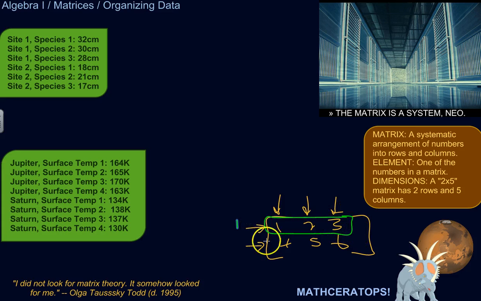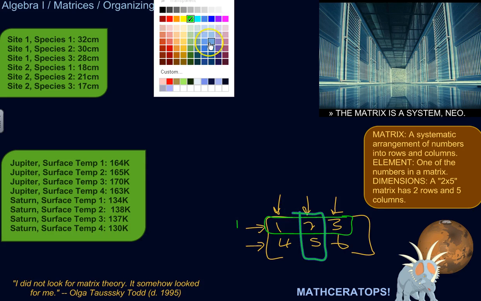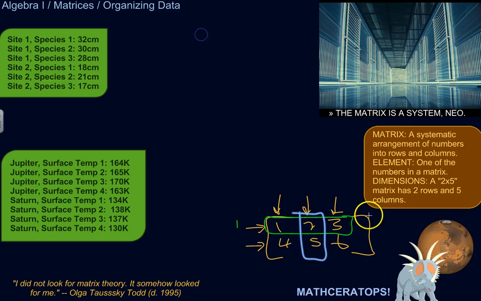So just the structure of this organization itself contains useful information. All these numbers are part of row 1. Likewise, all of these numbers are in column 2. So just by being placed where they are, there's a certain amount of information contained there.